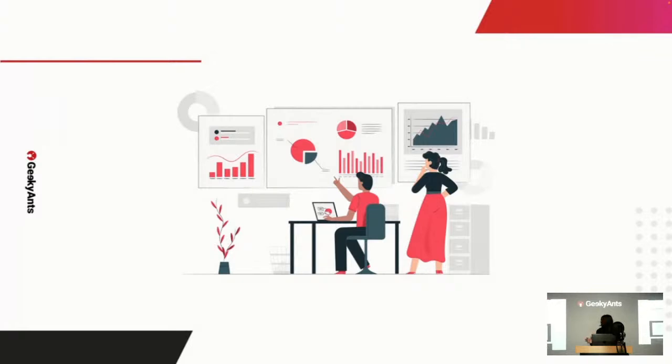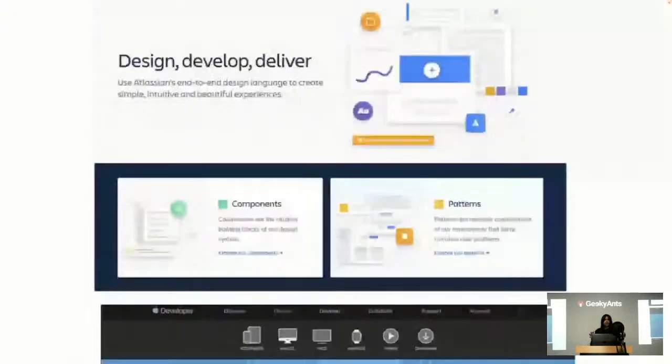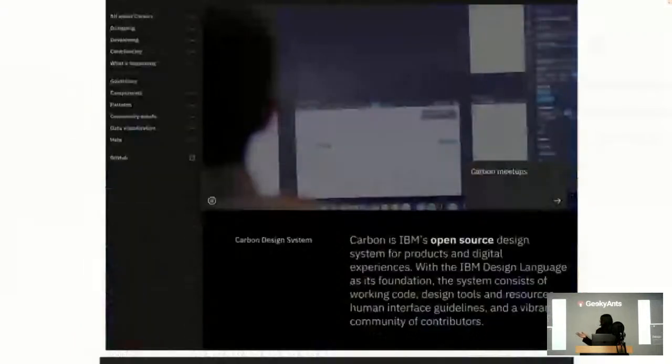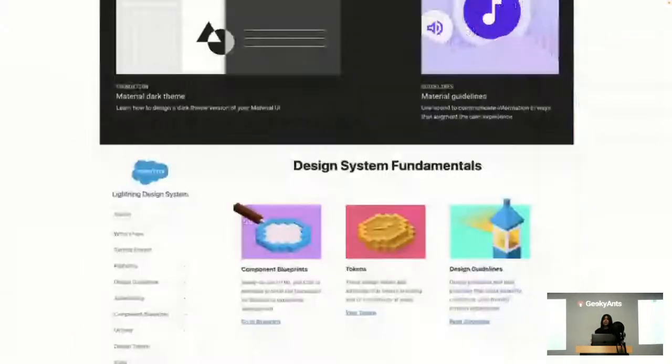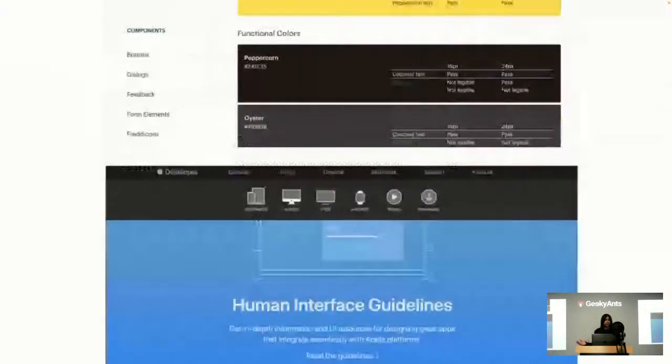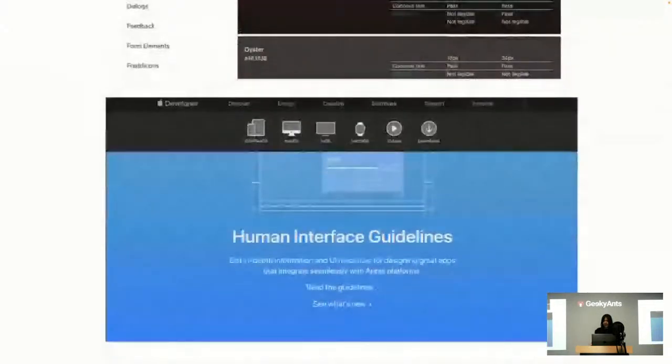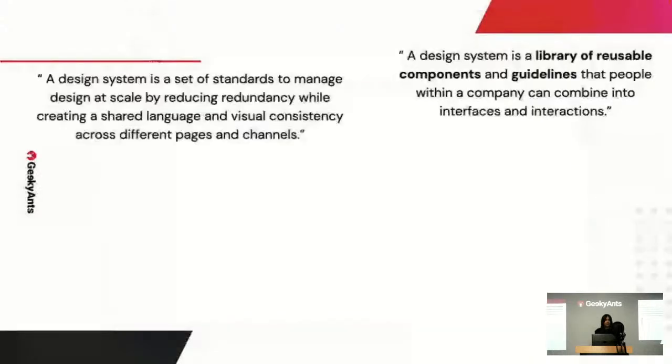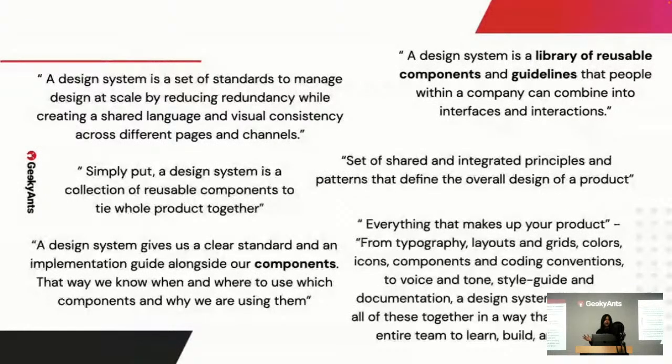The number of design systems that you come across on the net is humongous. There are many different big companies who have published their design system for everyone to acknowledge and learn from. And having said that, when it comes to the definition around design system, there seems to be a myriad of definitions, but with a blurry border.